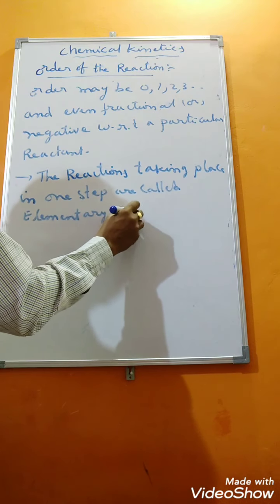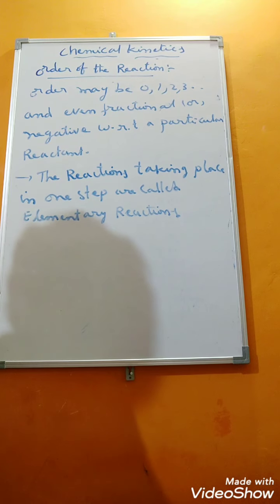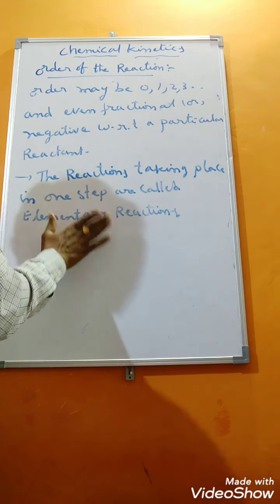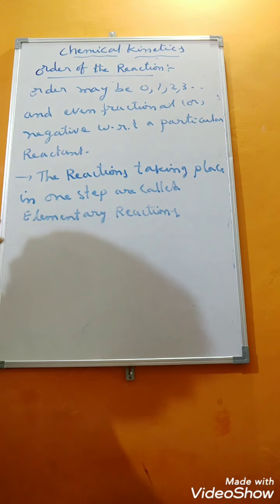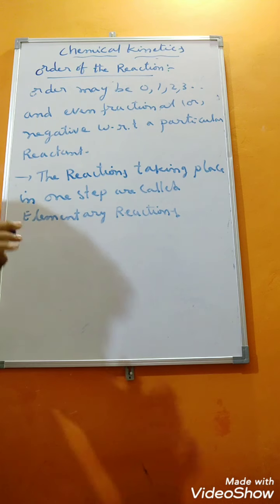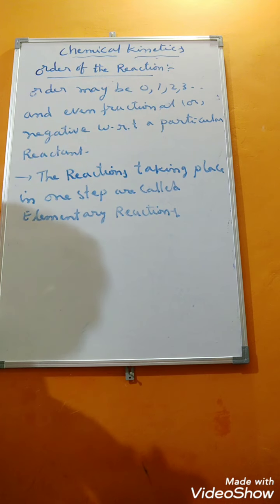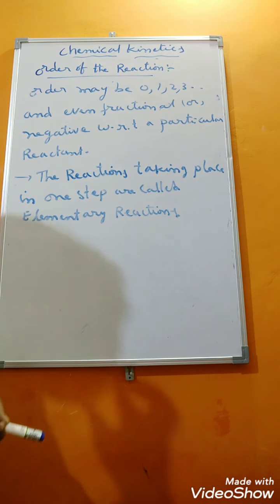The reactions taking place in one step are called elementary reactions. In such reactions, by looking at the equation only, we can say the order of the reaction, students. Most of the reactions are complex only, not elementary reactions. Elementary reactions are very rare.